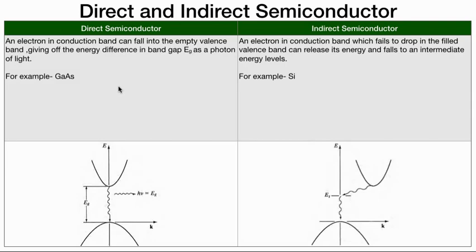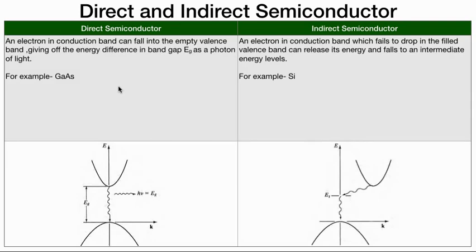In an indirect semiconductor, an electron in the conduction band which drops to the filled valence band can release its energy and fall to an intermediate energy level. That means that the electron, on absorbing the photon energy, doesn't fall back directly or at all to the valence band, because we know in silicon there are 4 electrons in the outermost shell.